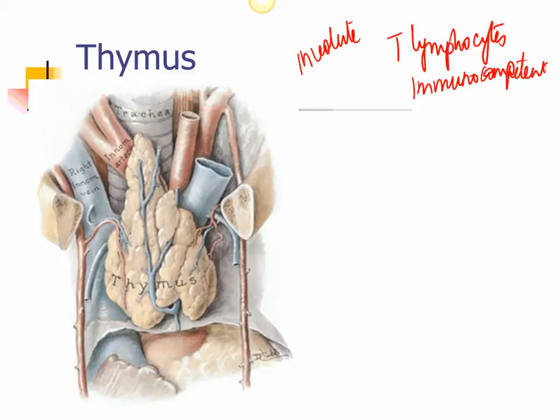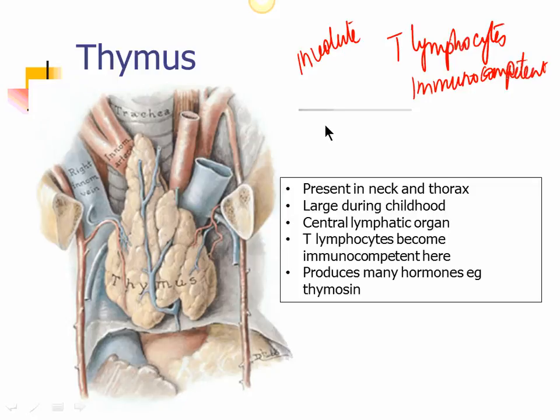It produces many hormones, of which thymosin is one of the really important ones. Here is a little review of all the things that have to do with the thymus. It is often involved in an autoimmune disease known as myasthenia gravis.